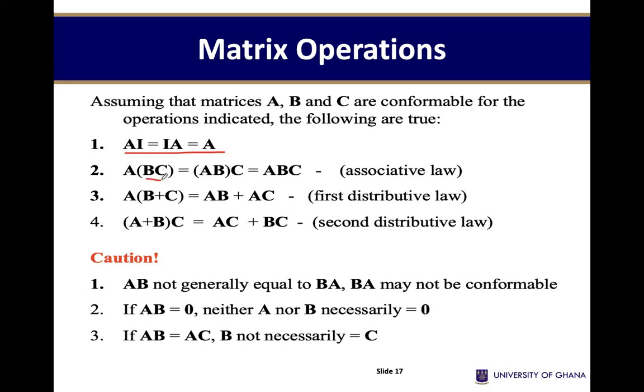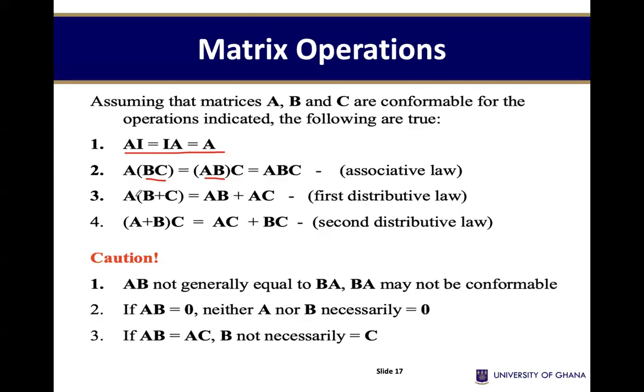When we finish multiplying that, we now have A multiplying the BC. And then later we can have AB, and then we can also have the C. So whatever we get for AB, when we are done, we can also multiply it with the C. And that gives us ABC.